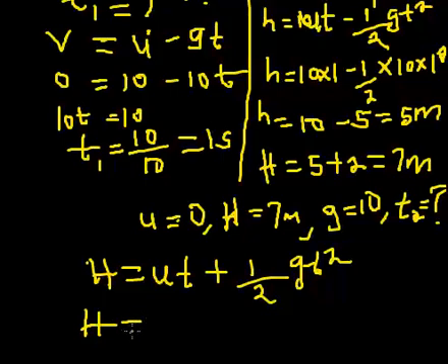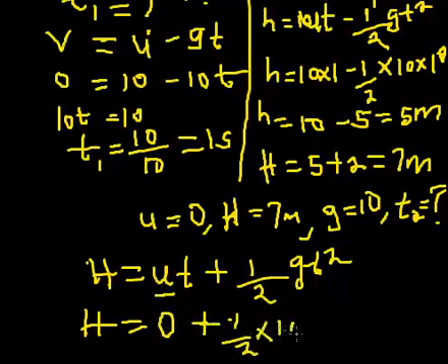So H is going to be equal to u times t, u is 0, that still gives me 0, plus half g, which of course is 10, times t square. That h is 7, so I can just write the 7 at once.